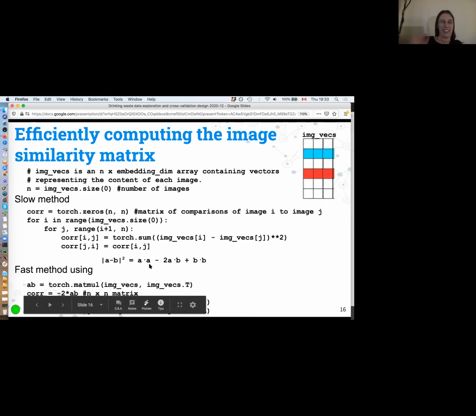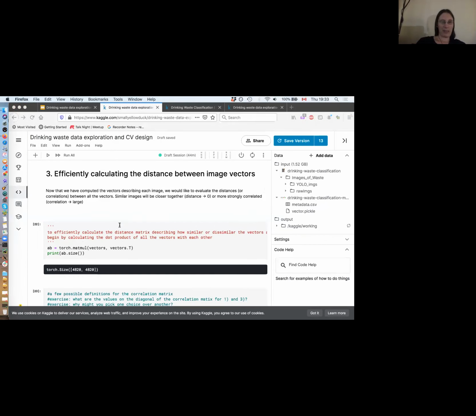This is my plug for taking a linear algebra course. If this math is unfamiliar, then taking linear algebra can help you appreciate how to do things efficiently with linear algebra operations. All right, let's go back to the notebook here.